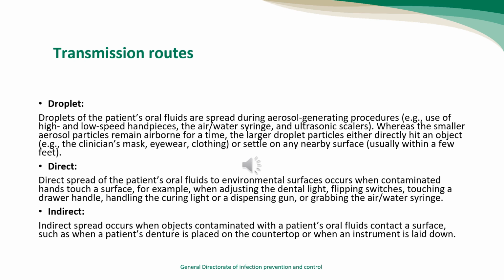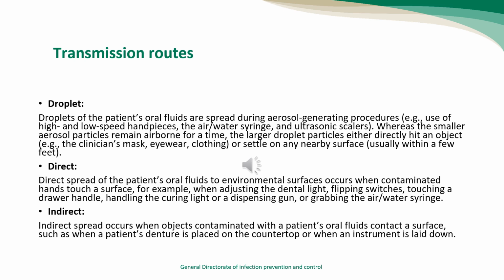The second route is direct. In this route, direct spread of patients' oral fluid to environmental surfaces occurs when contaminated hands touch a surface, for example, when adjusting the dental light, flipping switches, touching a drawer handle, handling the curing light or dispensing gun, or grabbing the air water syringe.